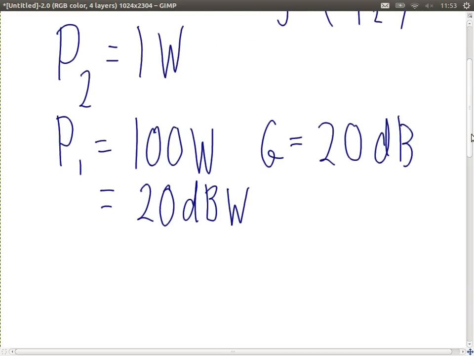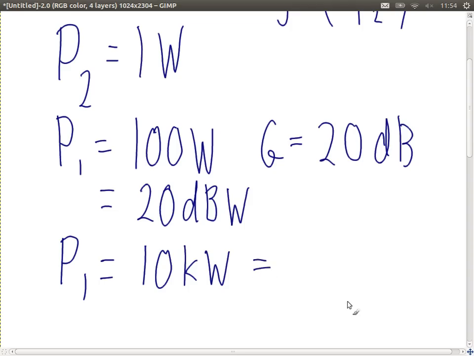What if I had a power level P1 of 10 kilowatts? What is its value in dBW? I have a power level of 10 kilowatts compared to 1 watt.